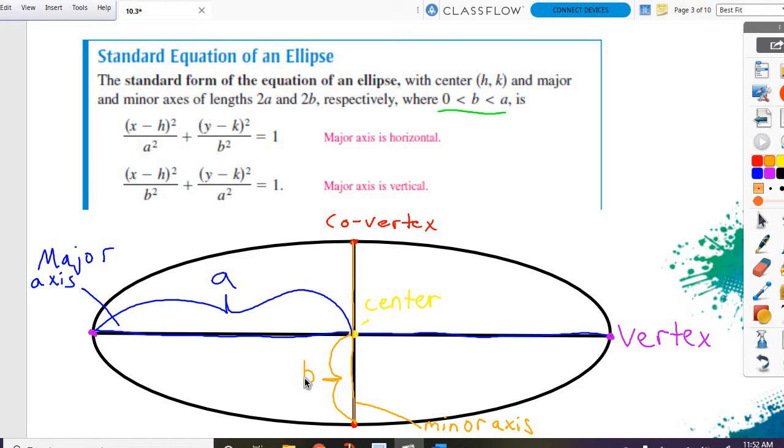Then our last thing that we have are the foci. And that distance is going to be a value that we label as C.